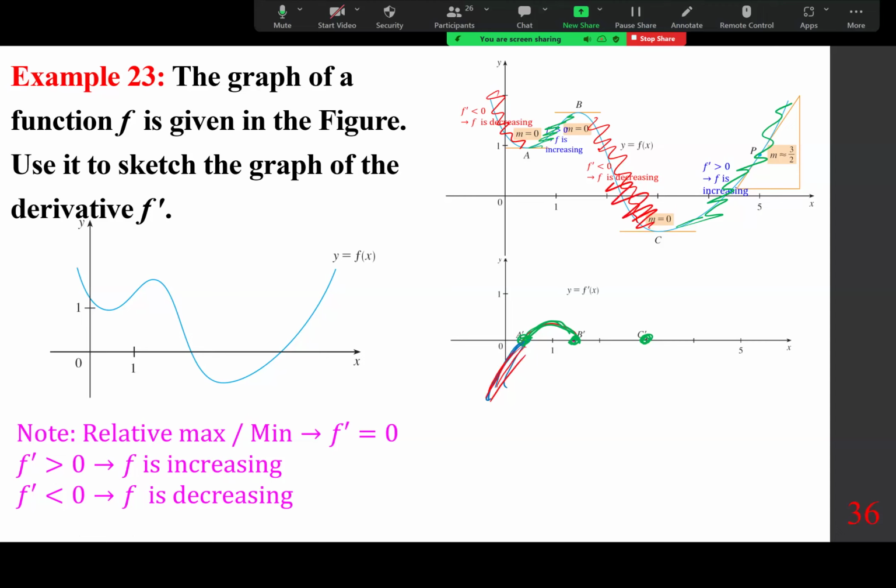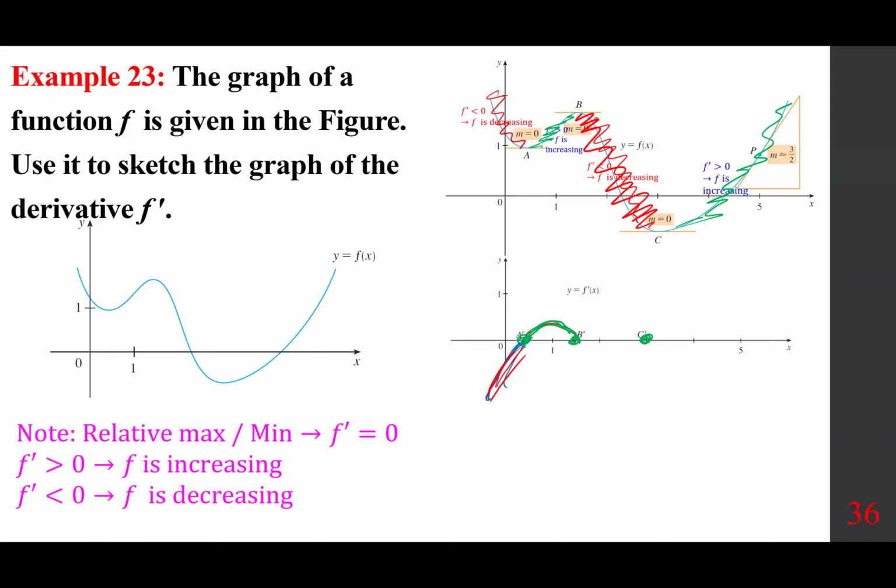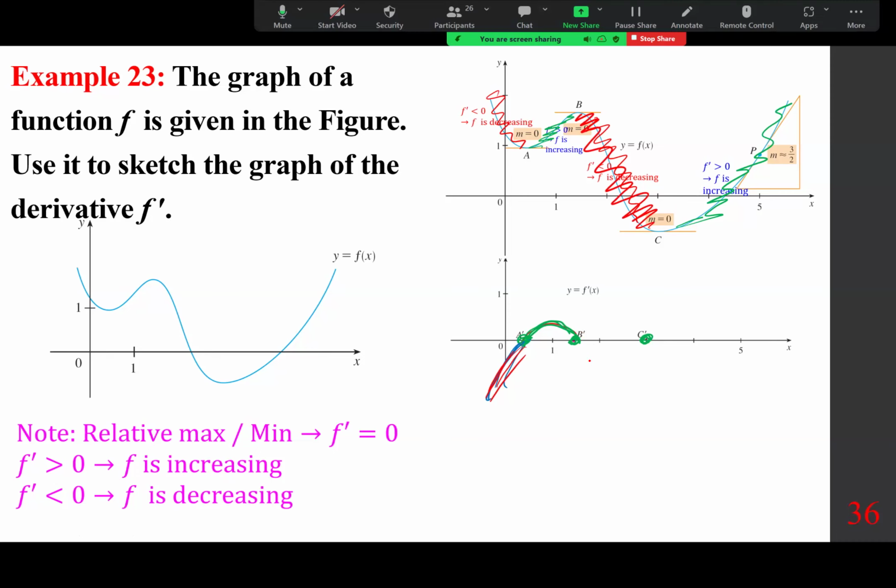Now, this part is below the x-axis because f prime is negative. Okay, f prime is negative. And so it goes below and it has to come back up. And then over here is increasing, so it's above the x-axis.